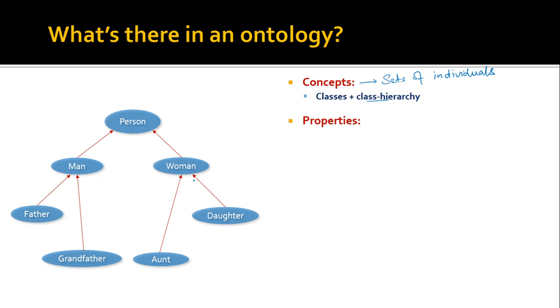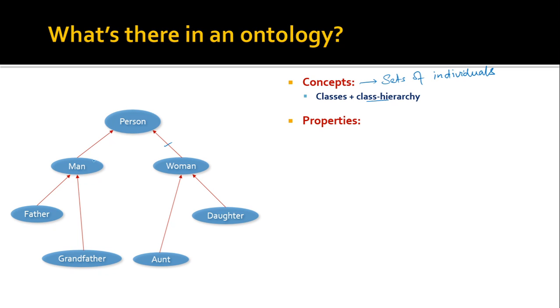Now we have properties. You can think of the subclass relationship to also be a property, but it is a special property, so we are keeping it aside. Apart from this subclass property, you can have other properties, right? And they act as roles or slots. For example, a woman can be married to a man, or a man can be married to a woman, right?